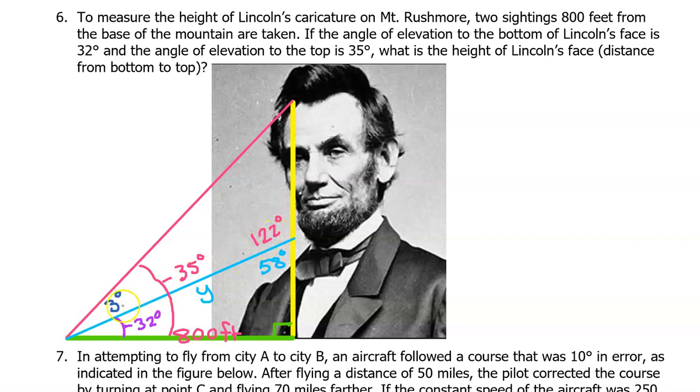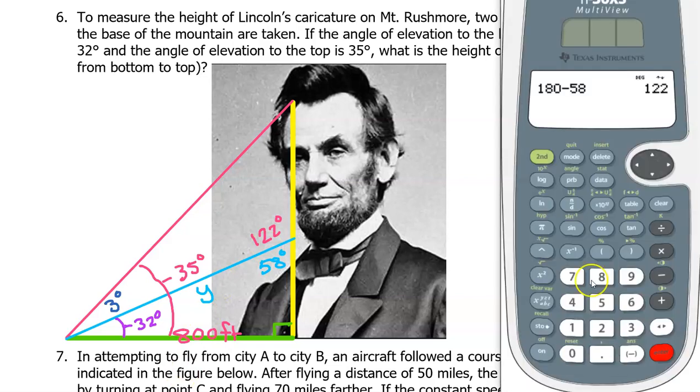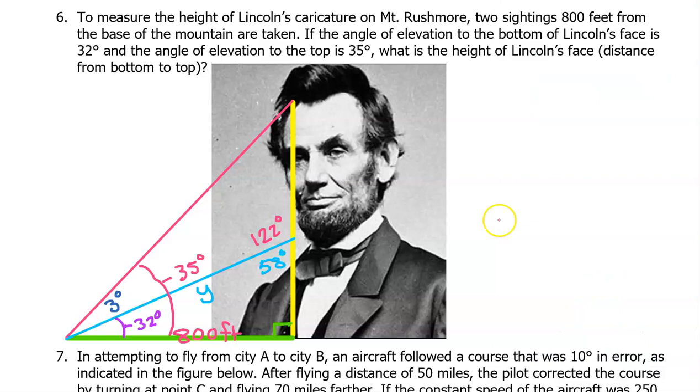Now we have 122 degrees and 3 degrees. Together, that's a total of 125 degrees. So if I do 180 degrees minus 125 degrees, that leaves 55 degrees for this angle at the top. So we really have all of the angles inside this picture.